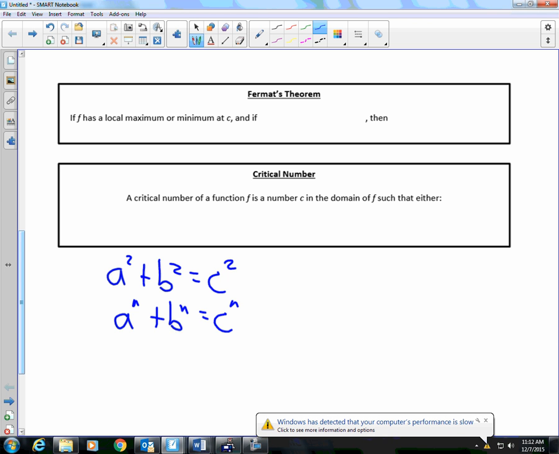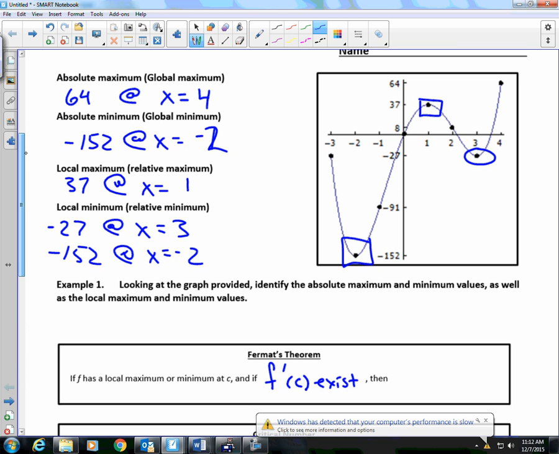Good stuff. So one thing he wrote about calculus is this: if f has a local maximum or minimum at c, and if the derivative at c exists, then we can make a conjecture. So you guys tell me, does the derivative exist at 1? Yes. Does the derivative exist at 3?